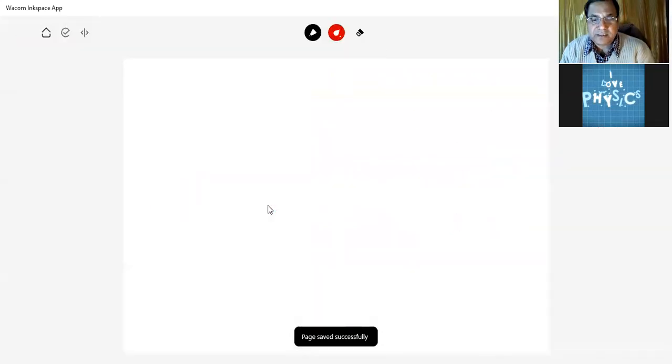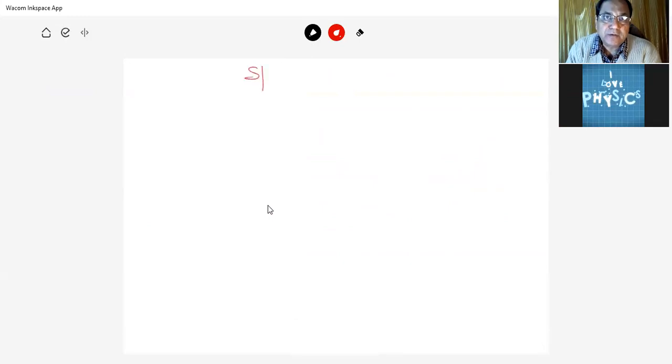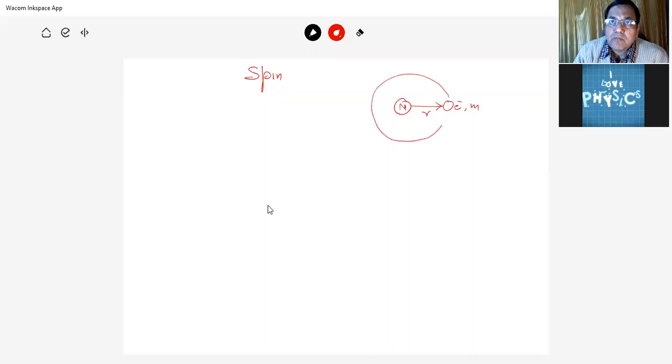Now we consider the spin. We consider the spin of the electron, and suppose this is the nucleus and here it is the distance r, and this is the electron with mass m having the velocity v, linear momentum p, and make the angular vector this.